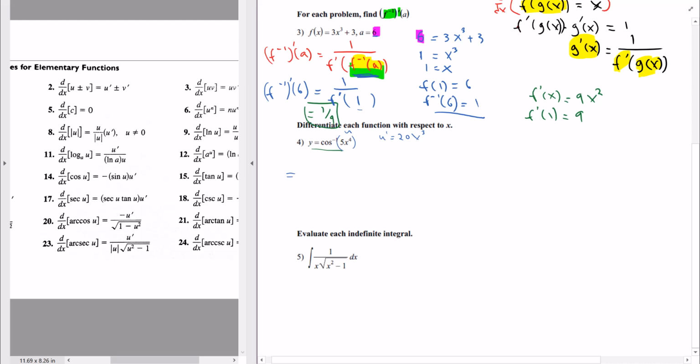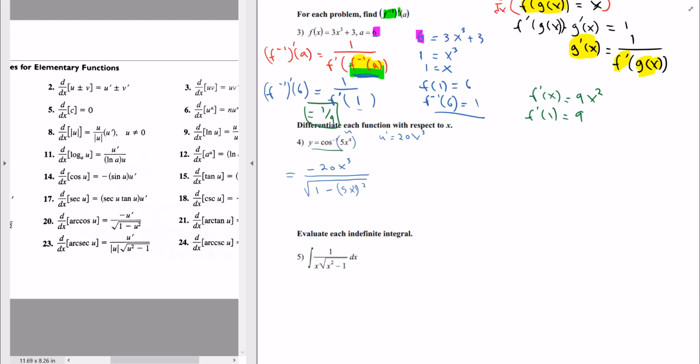So it's going to be negative 20x to the third divided by the square root of 1 minus u squared, which is going to be 5x to the fourth squared. And it's fine if you want to leave it like that. You could also write 1 minus 25x to the 8th. But that would be it for that.